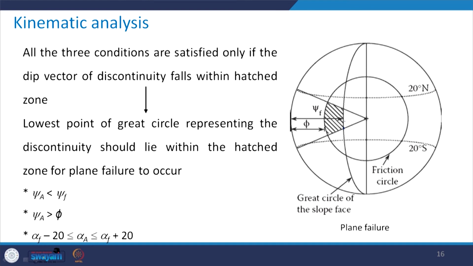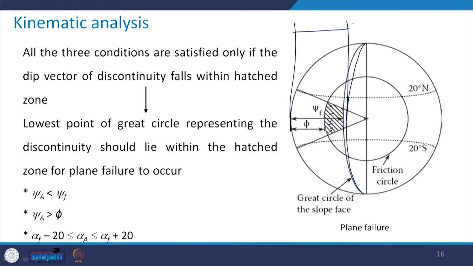Now, take a look here in this case whether this will happen or not. So, you see psi A should be less than psi F. If the discontinuity is there somewhere here, obviously in which case psi A will be more than psi F. If the great circle of the discontinuity is like this, then in that case what will happen?